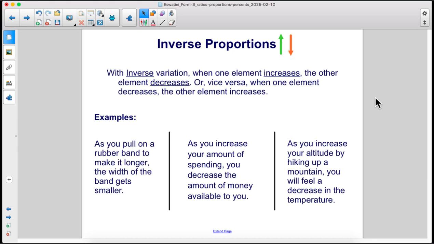For example, as you pull on a rubber band to make it longer, the width of the band gets smaller. As you increase your amount of spending, you decrease the amount of money available to you. As you increase your altitude by hiking up a mountain, you will feel a decrease in the temperature.